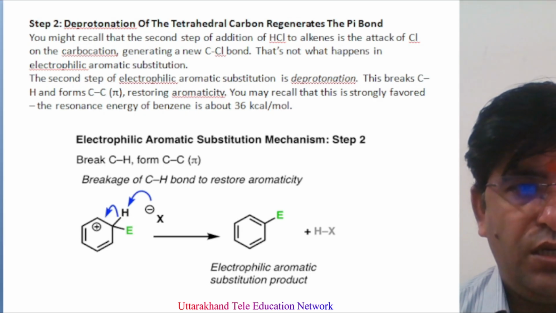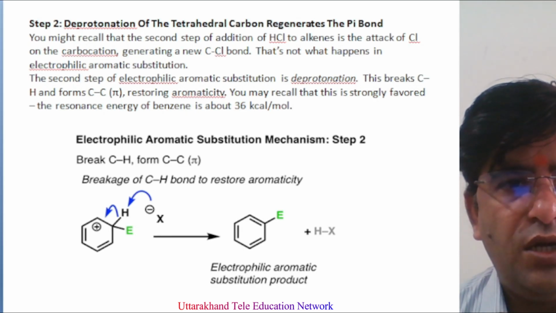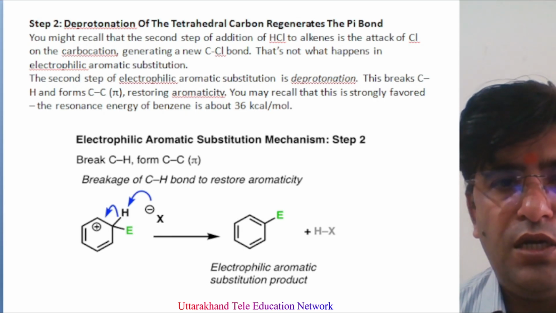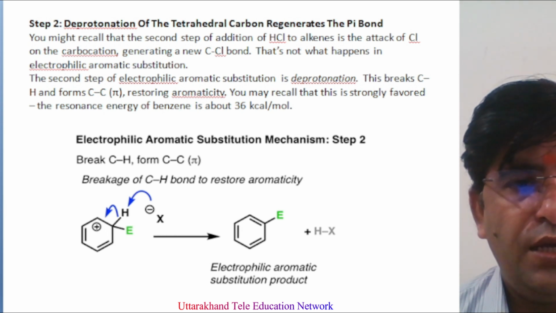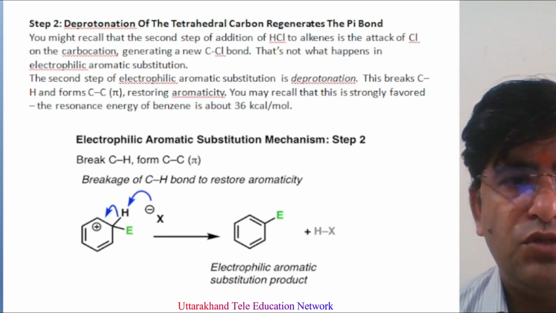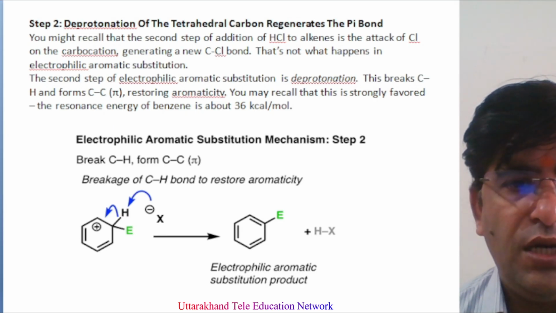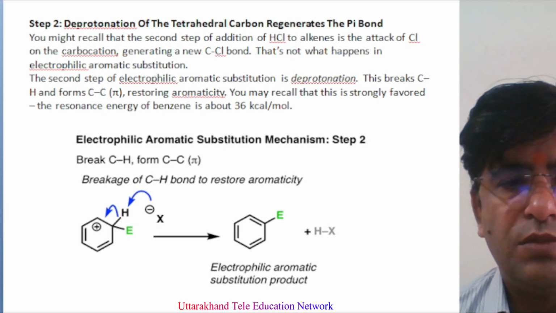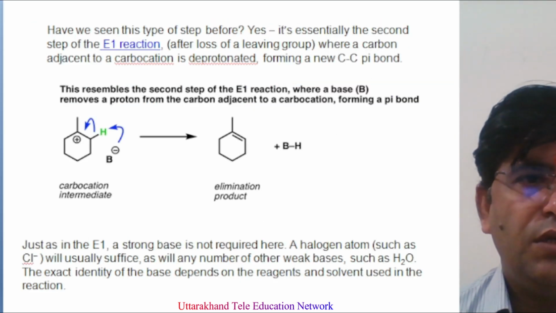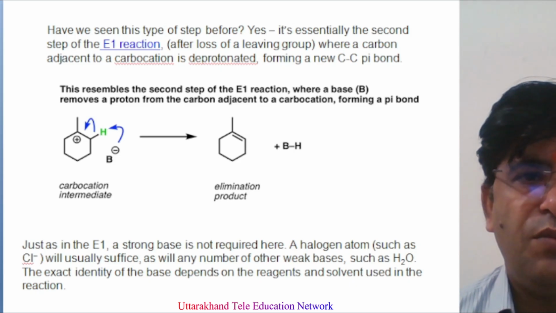This is the representation of the electrophilic aromatic substitution mechanism. Step two, that is deprotonation of the carbocation and breakage of the C-H bond to restore aromaticity. And in the last, the electrophilic aromatic substitution product is formed. Have we seen this type of step before?